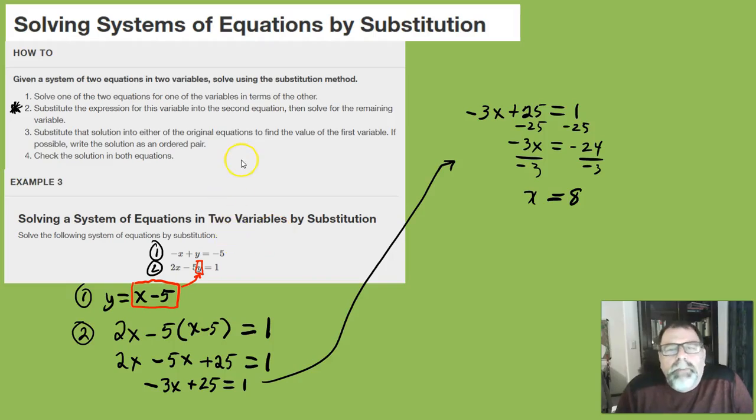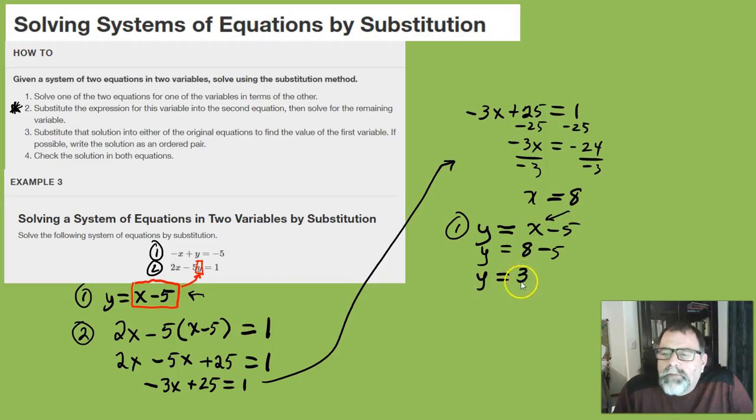Now it says the original equations, but I tend to put it in the equation that I solved in terms of the other one. So I'm going to go back to the one that I solved for y, y equals x minus 5, and plug the 8 into there, substitute it.